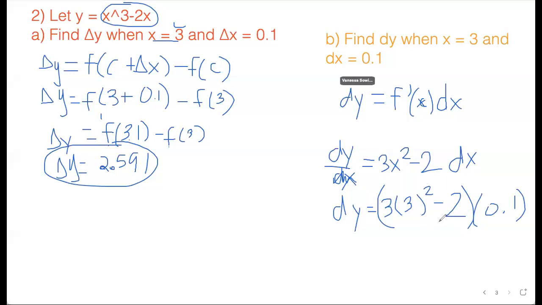You need to get an answer for the value of the function at 3 first, then multiply it times dx. When you do that, you should get approximately 2.5. So again, you can see you're close. You're about 0.09 away from the actual function to the tangent line, the rate of change.